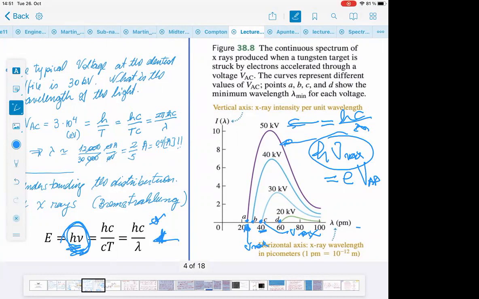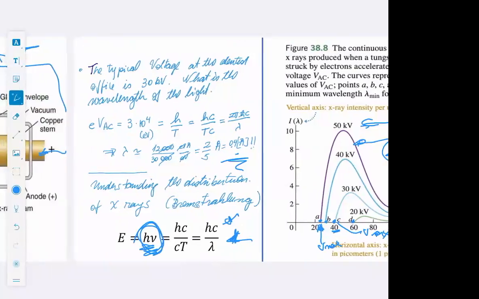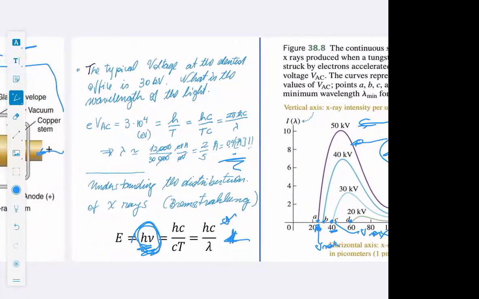This is very, very small radiation. I calculated here what I did for 30 kilo electron volts. I actually calculated that it's 40 picometers, which is exactly the value displayed in the graph here.